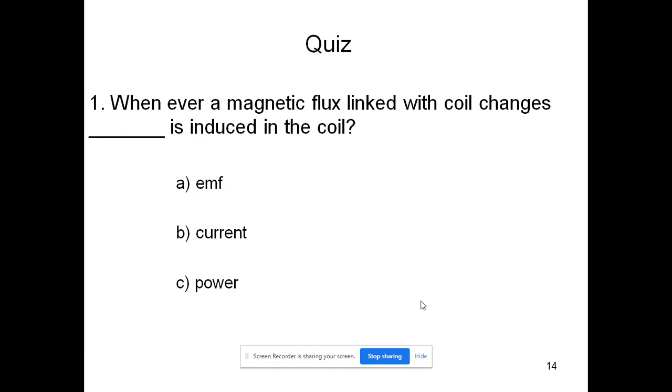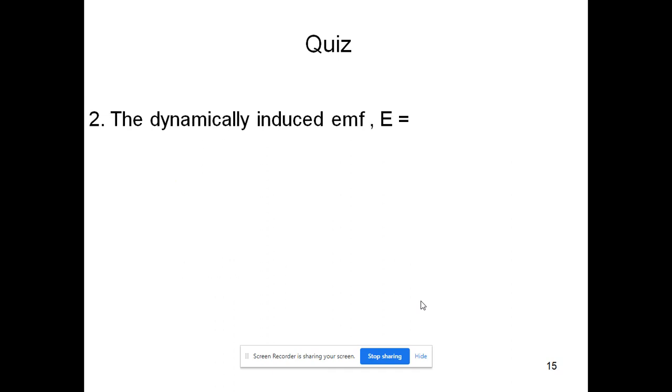Whenever a magnetic flux linked with a coil changes, EMF is induced. This is nothing but Faraday's law. Whenever a magnetic flux is linked with a coil, then a certain EMF is induced in the coil. So the answer is EMF. The option is A.